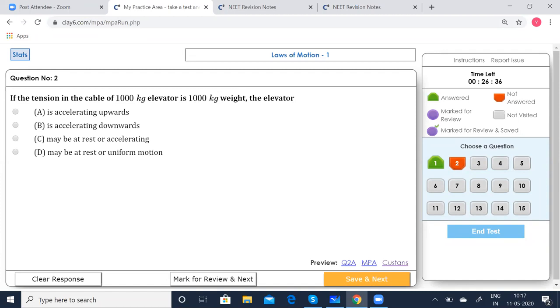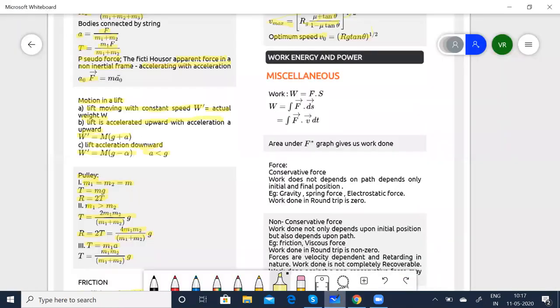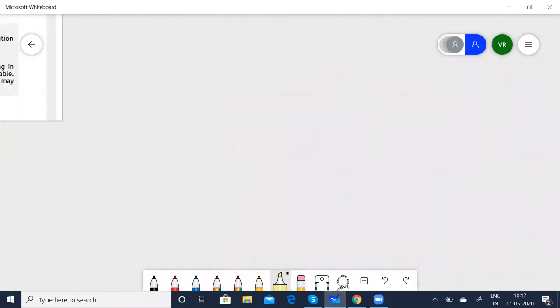Let me quickly solve that. It is given as T is equal to mg, where mg relates to the weight, that is 1000 kg weight.